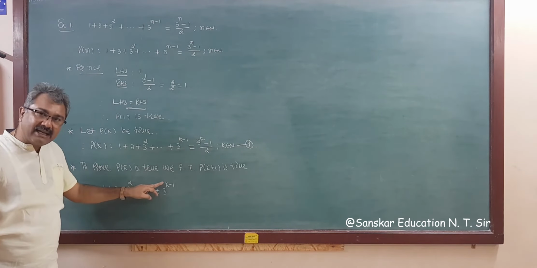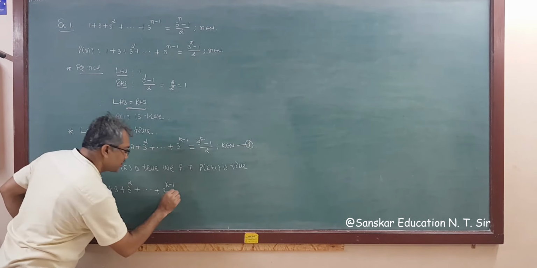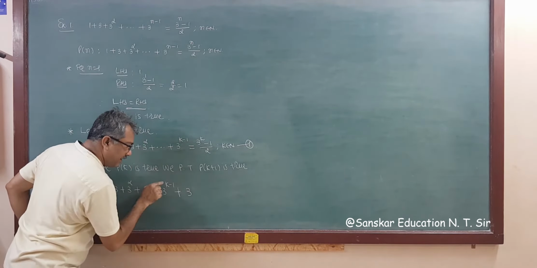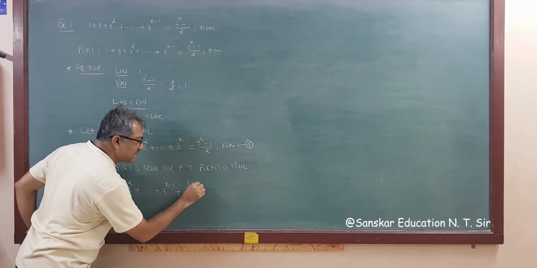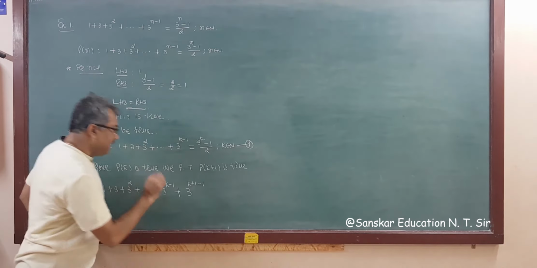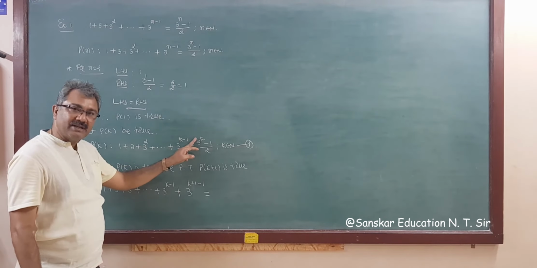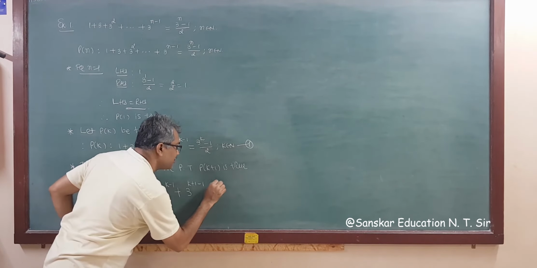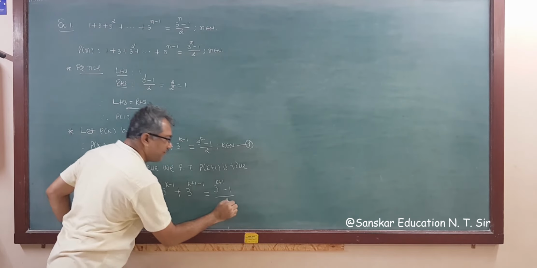Now replace k by k plus 1. So plus 3, instead of k I am writing k plus 1, and this is minus 1 already there. Got it? Is equal to, k is replaced by k plus 1, so 3 raised to k plus 1 minus 1 by 2.